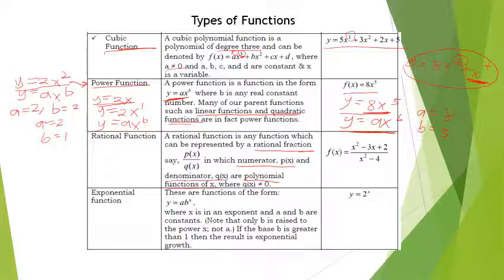Ang rational function daw, siya daw ay in the form f of x is equal to p of x all over q of x, na kung saan yung p of x and q of x are polynomial functions.